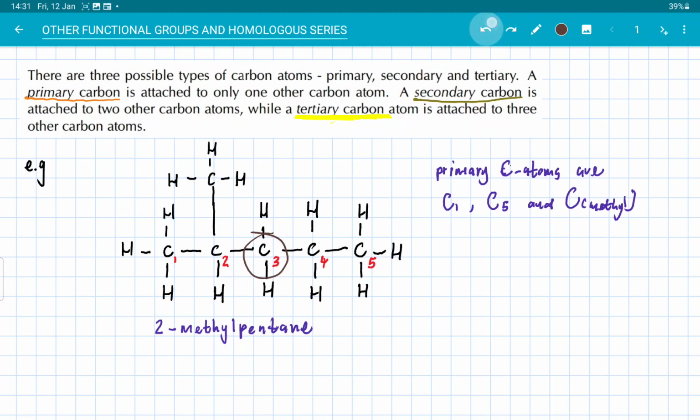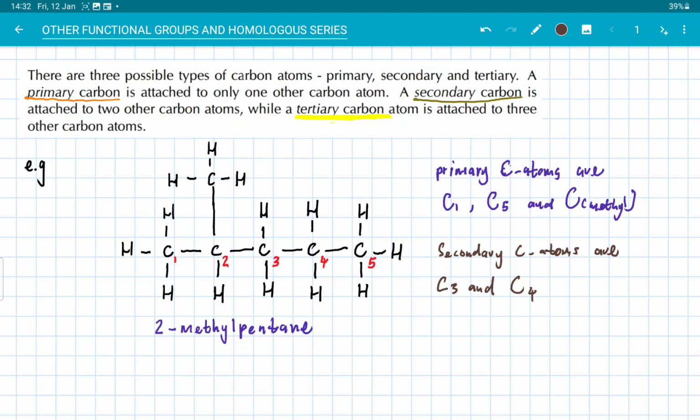And then C4 is attached to C3 and C5. So basically, we count it as a secondary carbon atom as well. So we have 2 secondary carbon atoms here: C3 and C4.